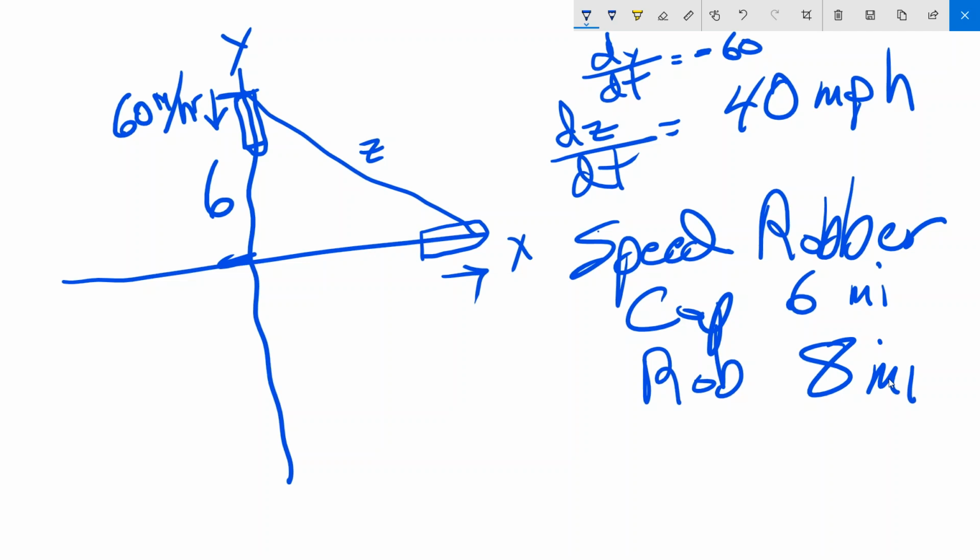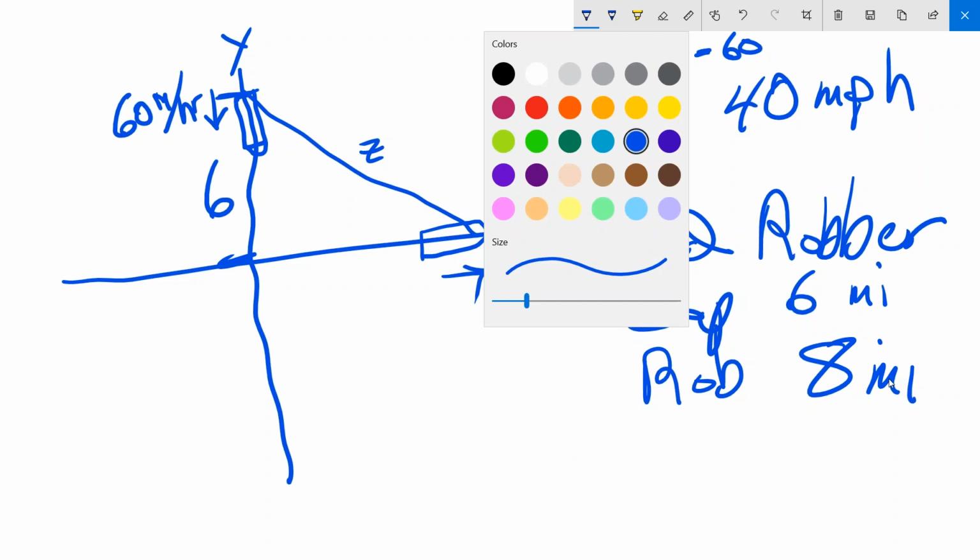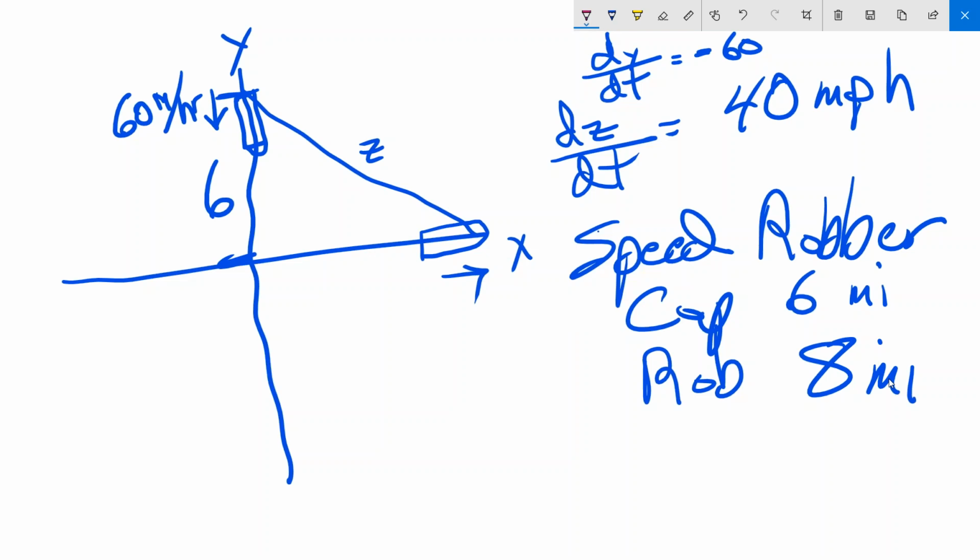So let's write an equation. You always have to get to that point in these related rate problems, where you write an equation that models your picture. We're going to try to put this all in terms of x.